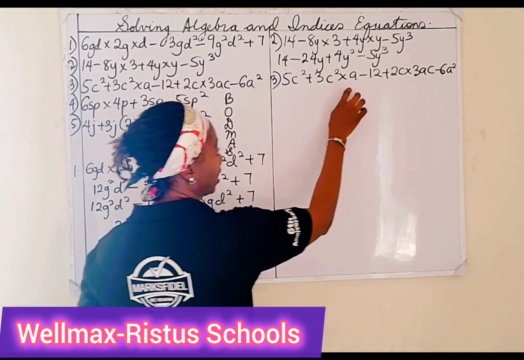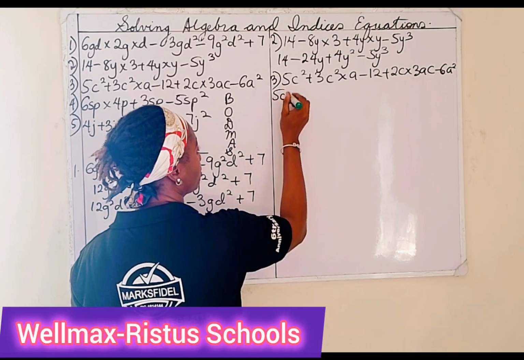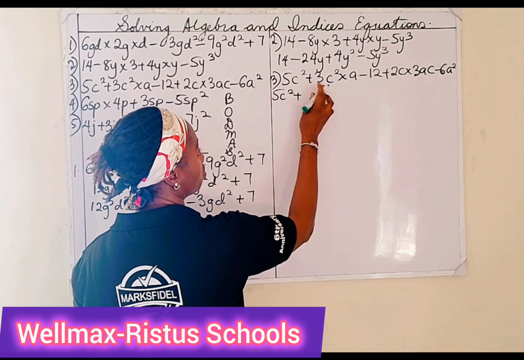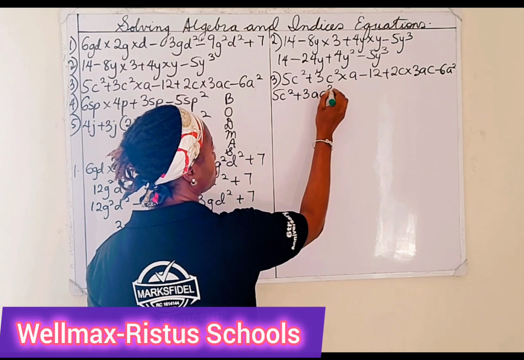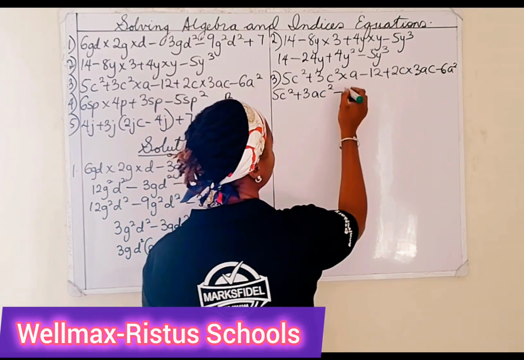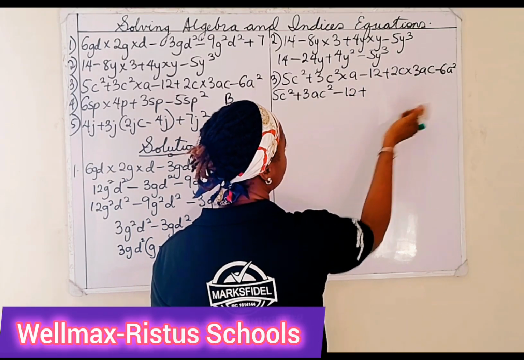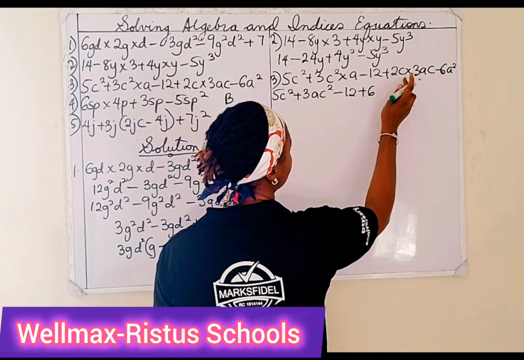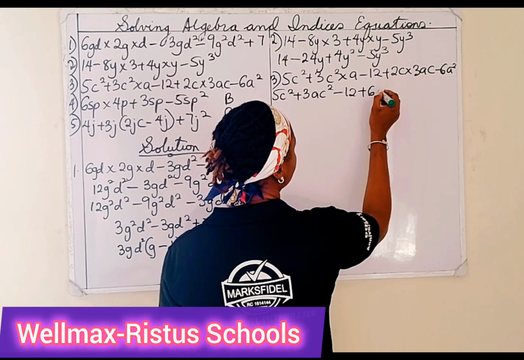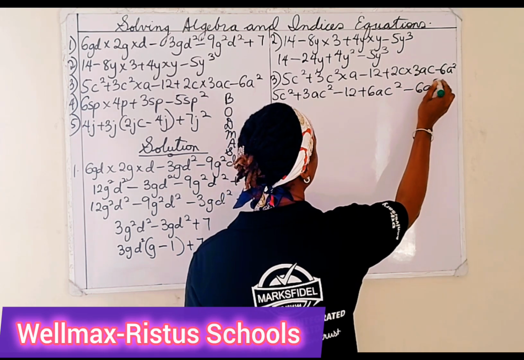So we're going to multiply these ones together, leaving us with what? 5c squared plus 3c squared times a will give us 3ac squared minus 12 plus 2c times 3ac. That will give us 2 times 3 is 6, c times c is c squared, 6ac squared minus 6a squared.